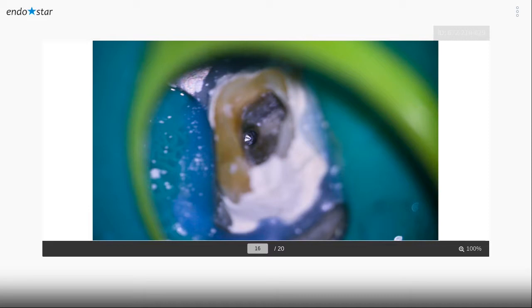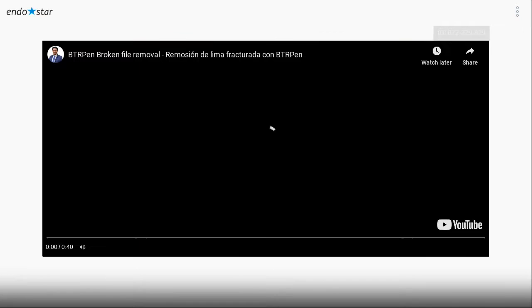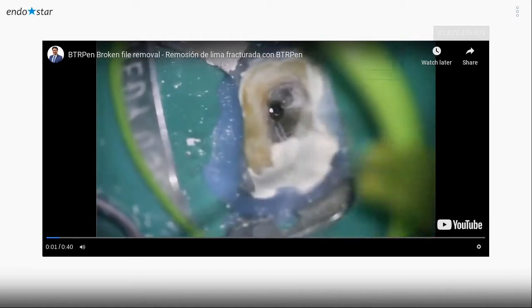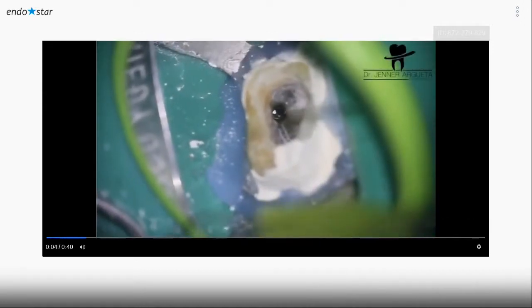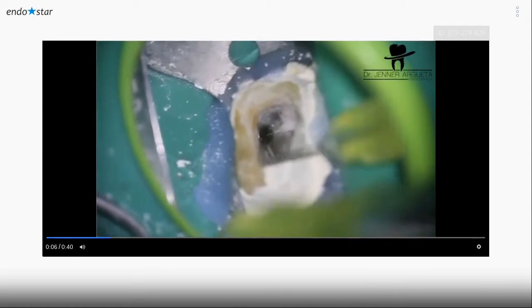But if the clinician is patient, uses the proper tools, and uses small instruments to try to expose the coronal part of the instrument, the process might be successful. And let's see the video of how we managed to remove that big fragment of the file.